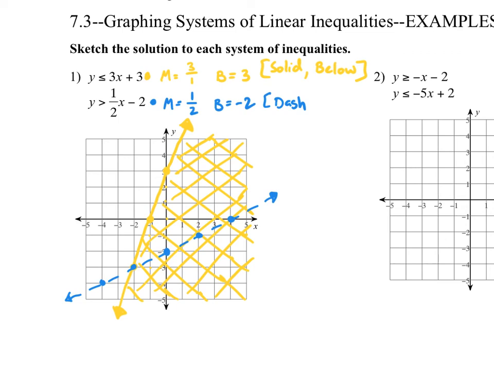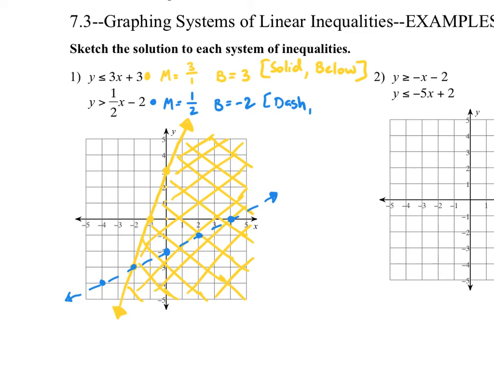Okay, now, watch how you're going to do this with the second one. I realized that it is going to be a dashed line. The next thing I realized is that what? Do I shade above or below? Well, in this case, it is y is greater than, so you want to shade above.